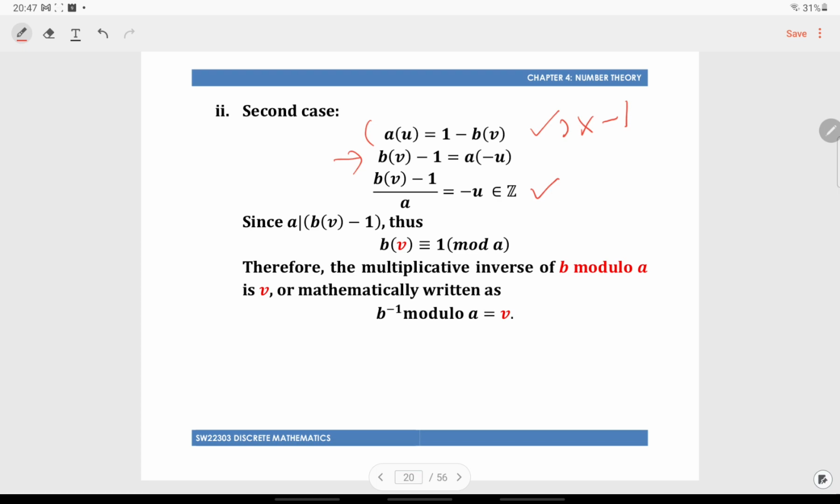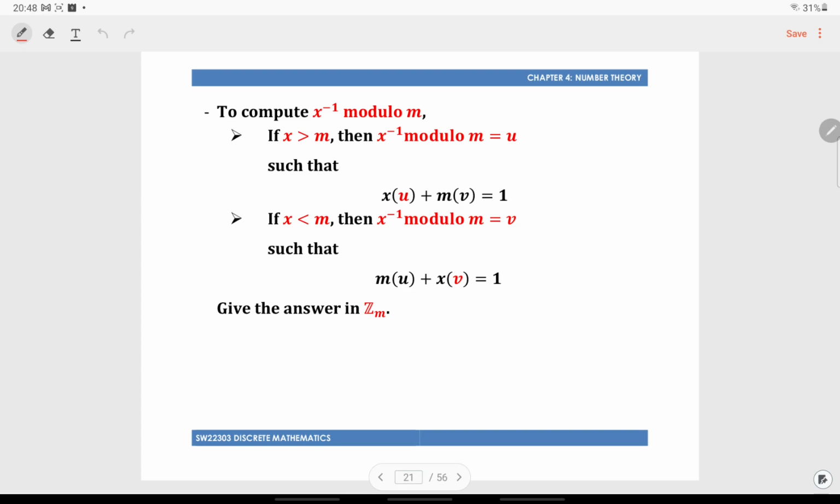Based on the definition of a congruence relation, because bv minus 1 is divisible by a, and the outcome negative u is an integer, that means bv is congruent to 1 modulo a. So the multiplicative inverse of b modulo a is equal to v.